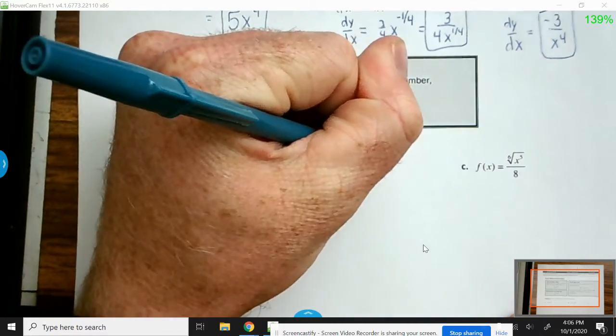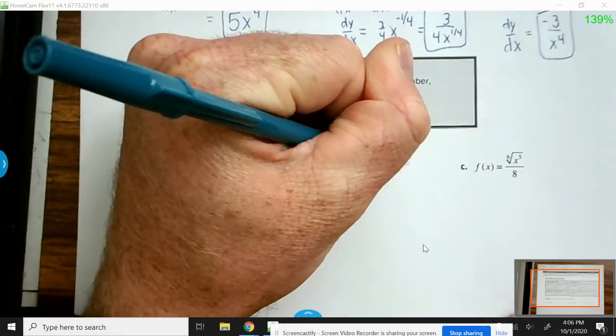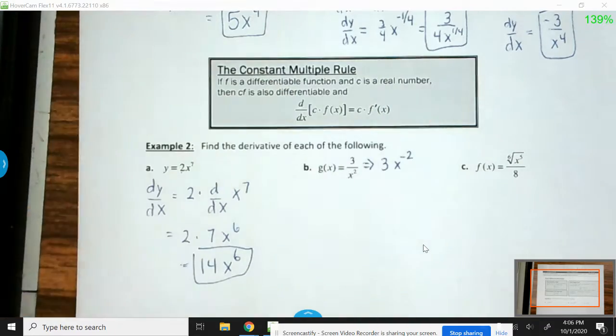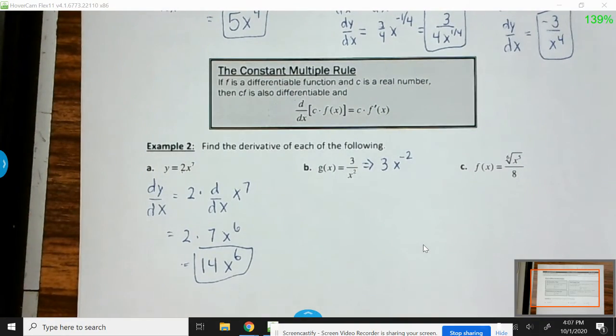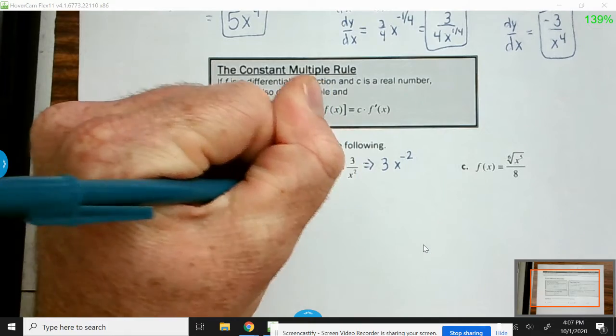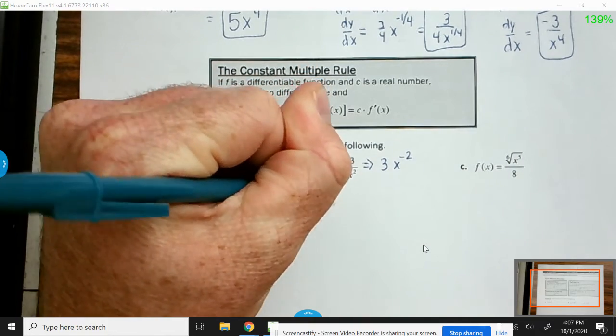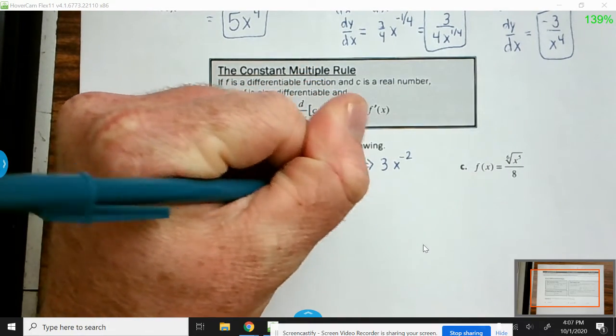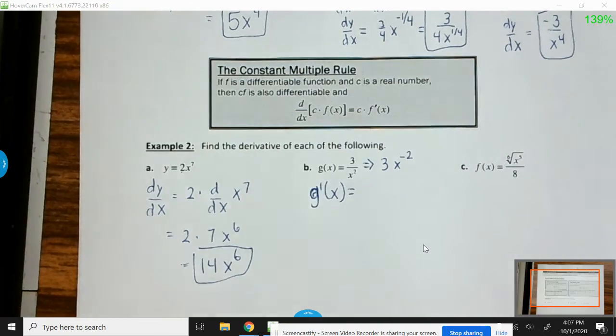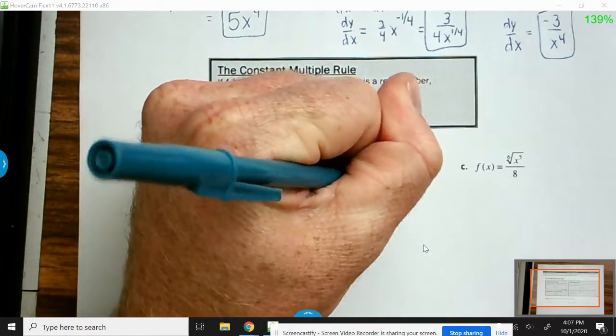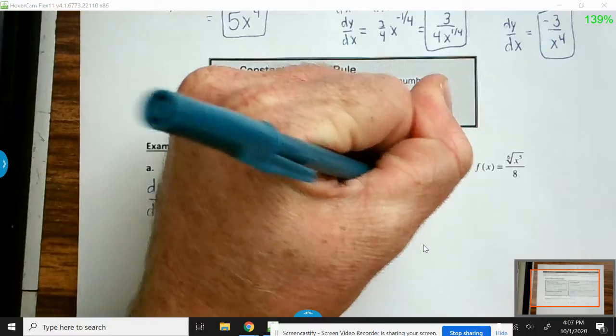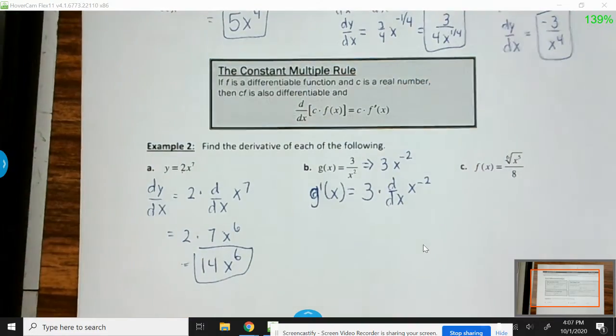In this case, I'm going to rename this 3x to the negative second, right? So the derivative, or here, let me stick with their notation. g prime of x is 3 times the derivative with respect to x of whatever x to the negative second is, right?